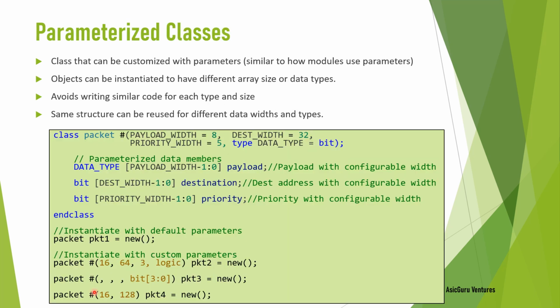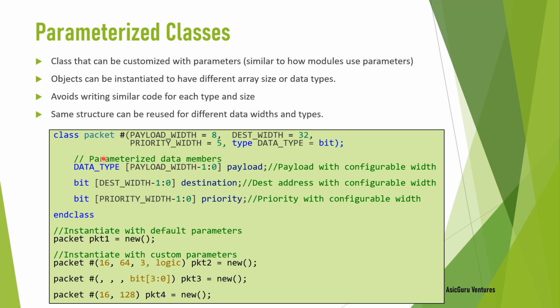So the next important topic is parameterized classes. In SystemVerilog, just like modules can be parameterized, classes can also be customized using parameters. And this makes our class definition more flexible and reusable.